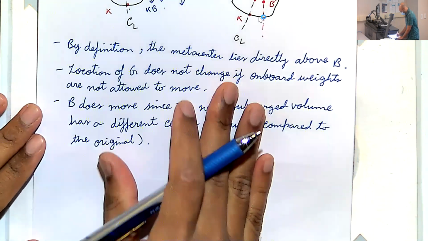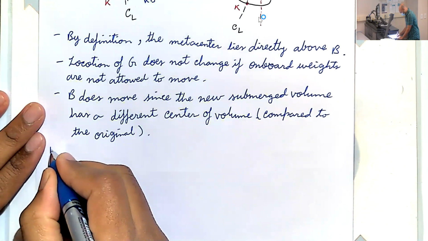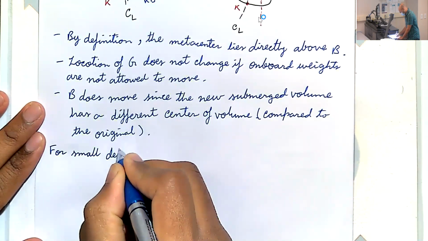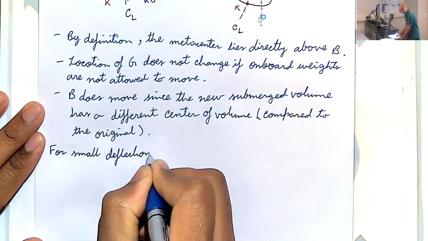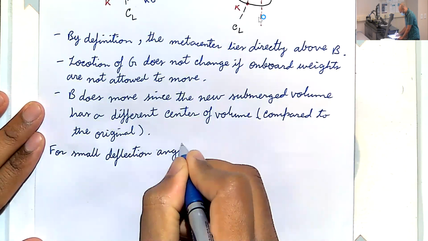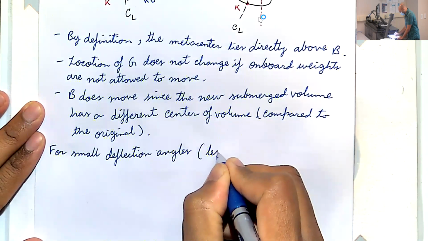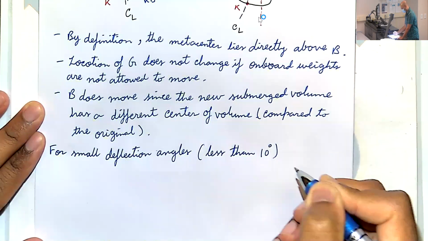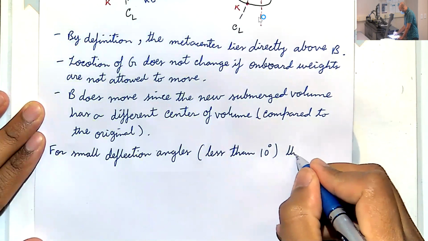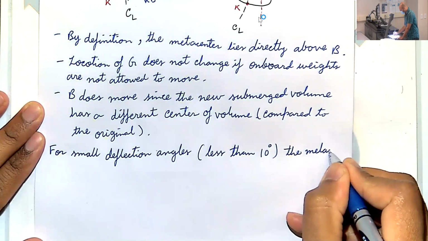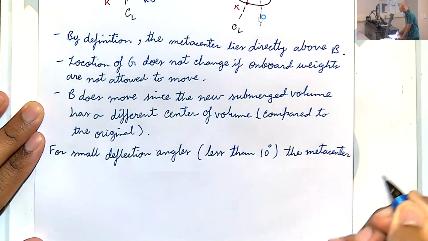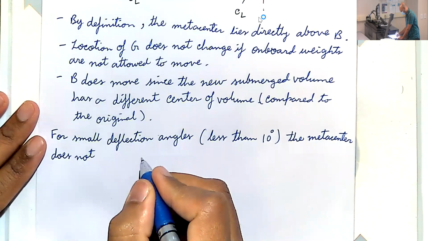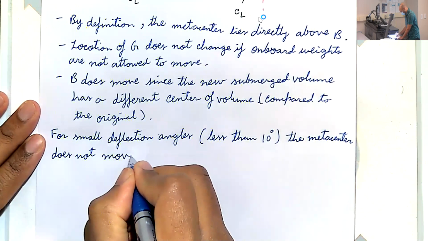So let's write that down. For small deflection angles, let's say less than 10 degrees, the metacenter does not move a lot.